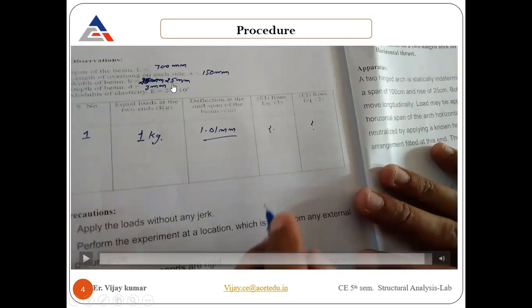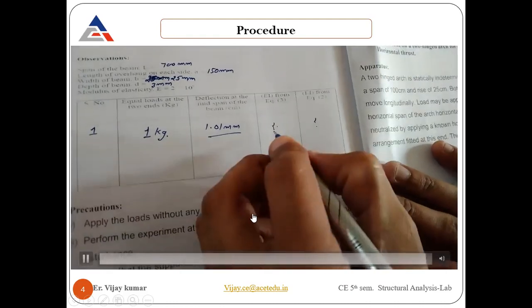The value comes out to 25. Width and depth are 3 mm, and the modulus of elasticity given is 2 into 10 raised to the power 6. Using those theoretical values, you can put them in and get the deflection value. You can equate them to see whether we are getting the same value or not.